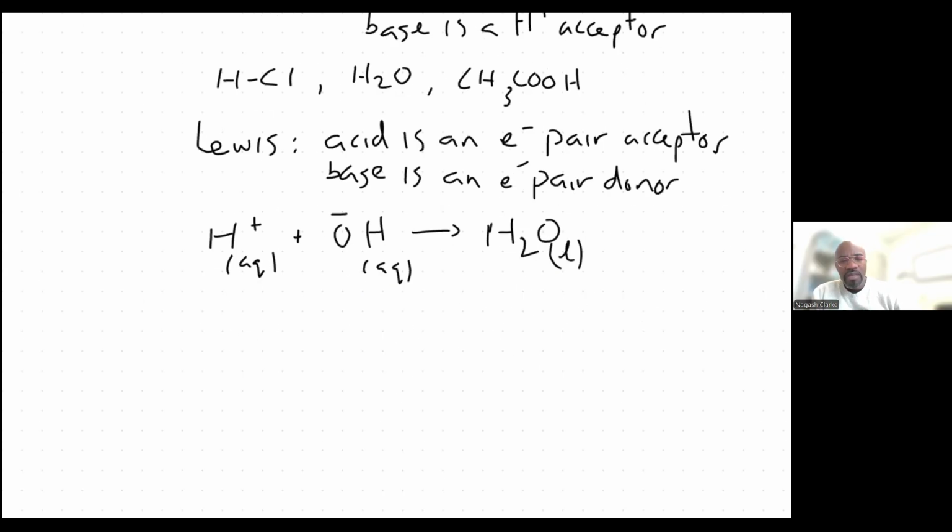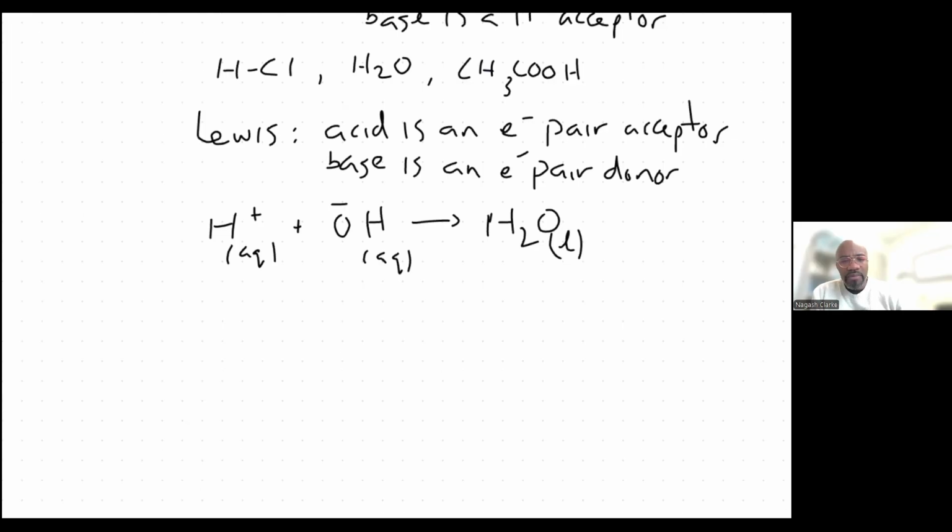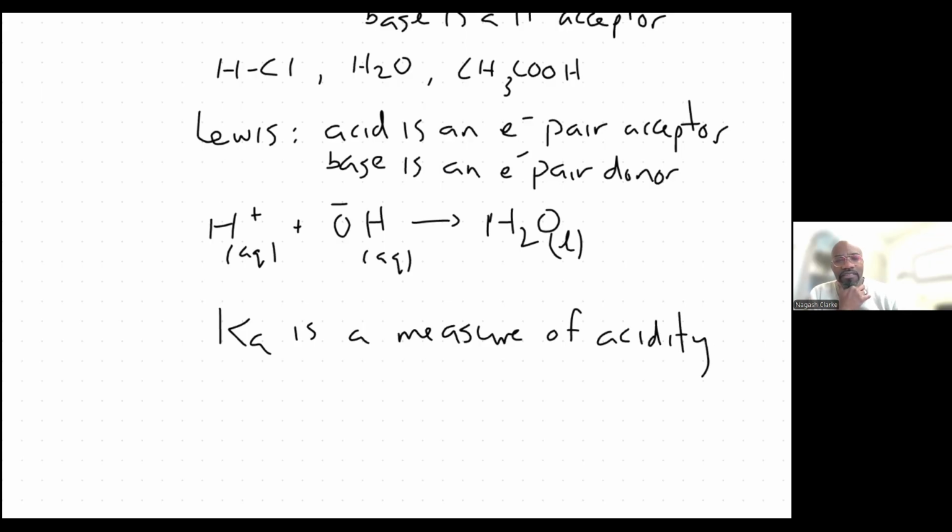Now, pKa is a measure of acidity, right? And that takes into account how much hydronium is formed. If you think about the classic equation here, you have H3O plus and A minus.